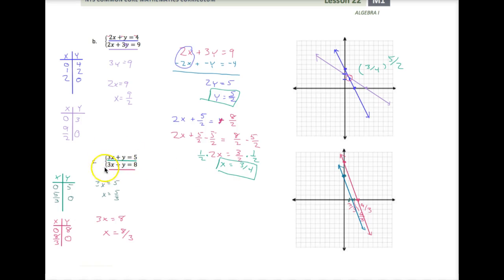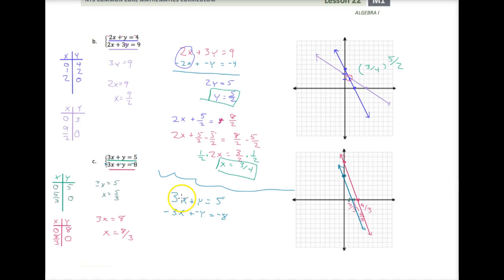So let's go ahead and see if we can confirm that. I'm going to go ahead and change the signs of everything on the bottom. And then we're going to do some addition. So we're going to say 3x plus y equals 5, and negative 3x plus negative y equals negative 8.